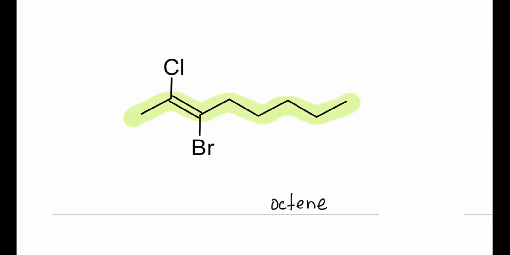Where is my carbon-carbon double bond? What is the location that I need for it? Great. What about the substituents? I'm going to number it, but put in the chat the name for the substituents. This is 1, 2, 3.